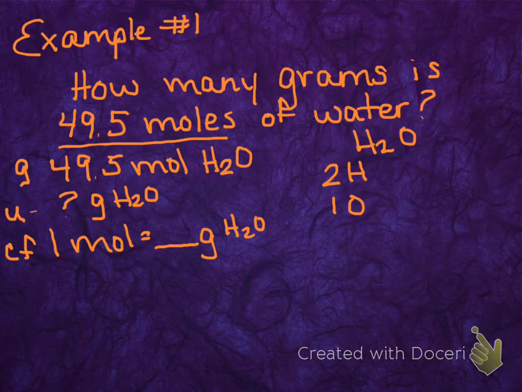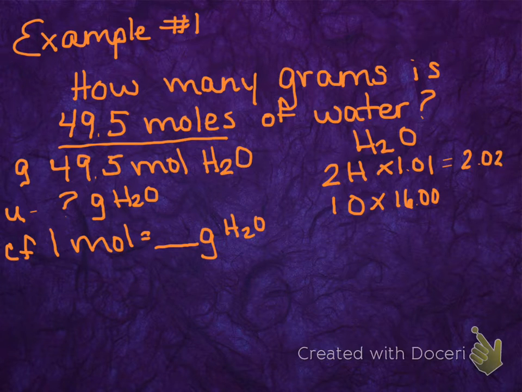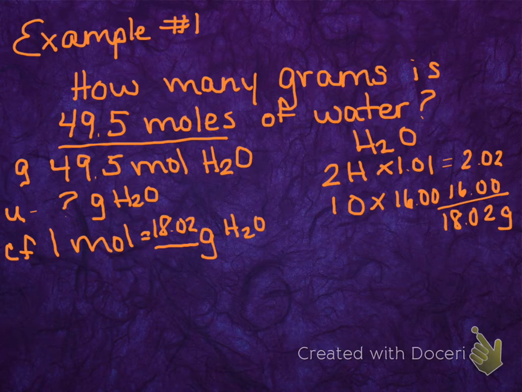If we look at our periodic table, the molar mass of hydrogen is 1.01. The molar mass of oxygen is 16. So we get 2.02 plus 16. So our molar mass of water is 18.02 grams. So I'm going to put this here, 18.02 grams is 1 mole of water.